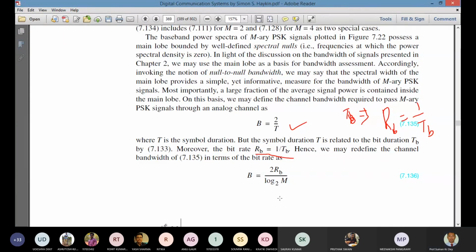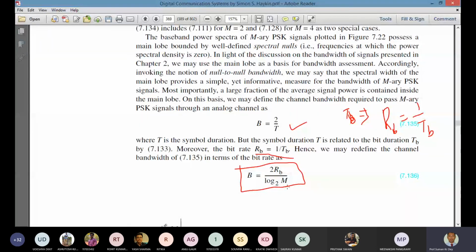So we are getting the bandwidth in terms of bit rate, and this depends on the type of phase shifting we are using. For M-ary PSK, this will be M. Now if we compare all the values, first the binary BPSK, M equal to 2.